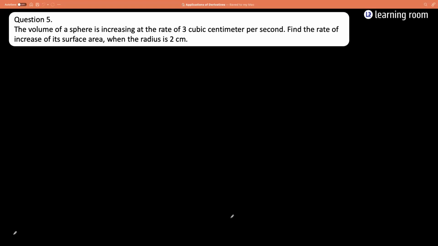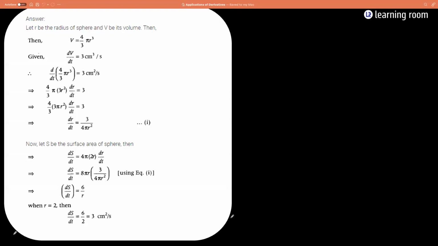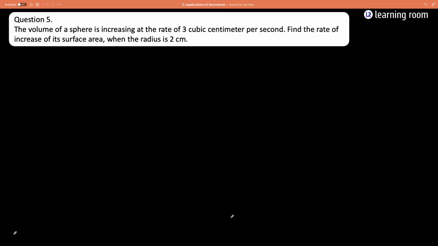Answer. Sir, is it 3 centimeter square per second? Yes, sir. Correct. So this I'm not doing because it's a similar one. So 3 centimeters square per second.